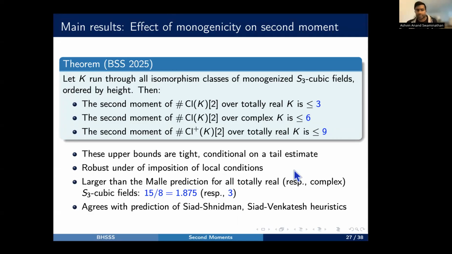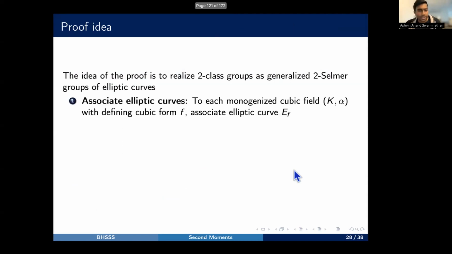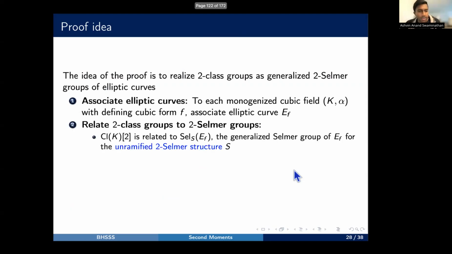All right. So how do we prove that? Well, the idea is to realize these two-class groups as generalized two-Selmer groups, and then we can just apply our result. So we need to associate to every monogenized cubic field an elliptic curve in order to do that. And then we need to relate the two-class group of the monogenized cubic field to some generalized Selmer group of that elliptic curve.